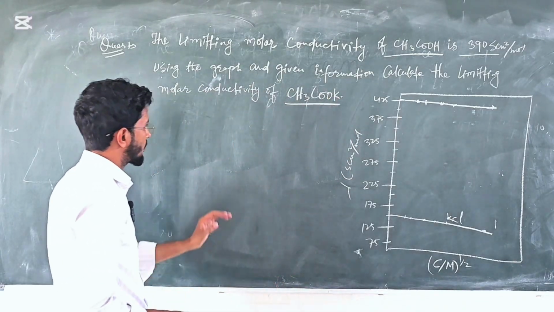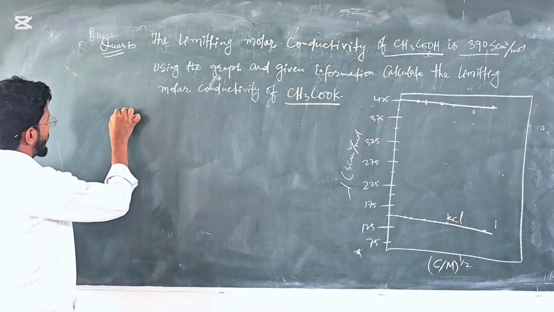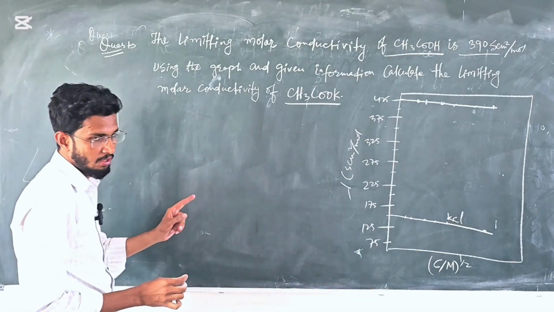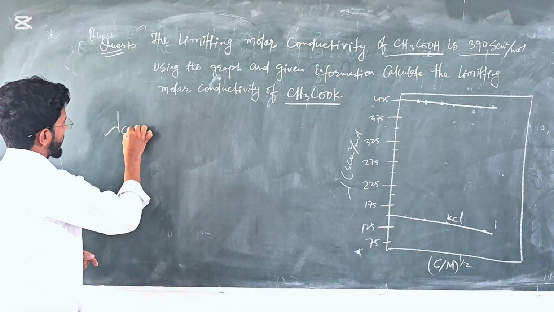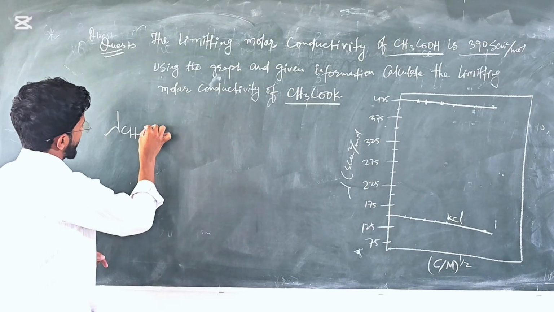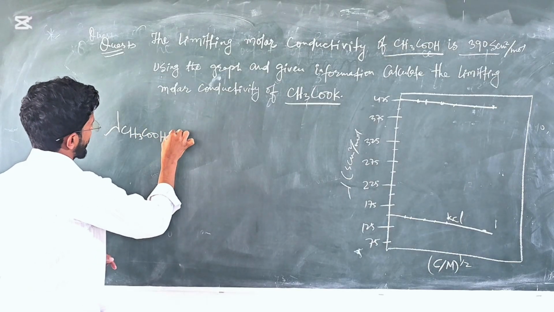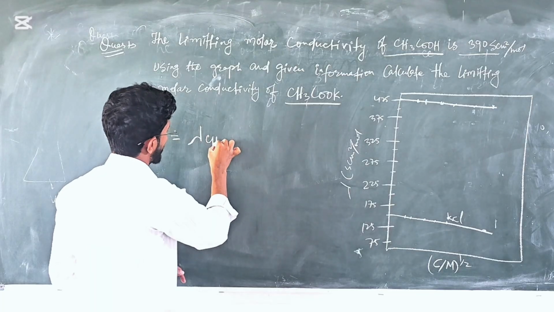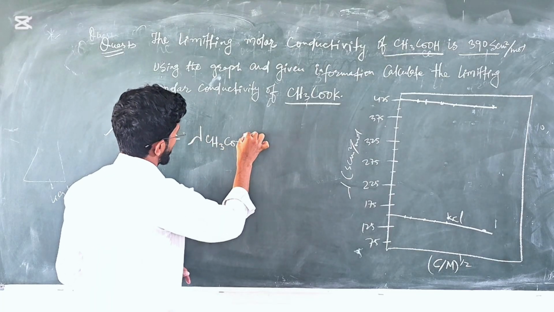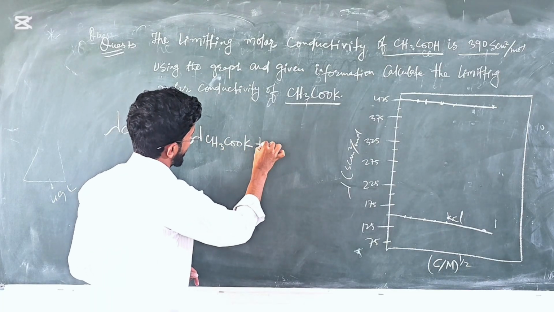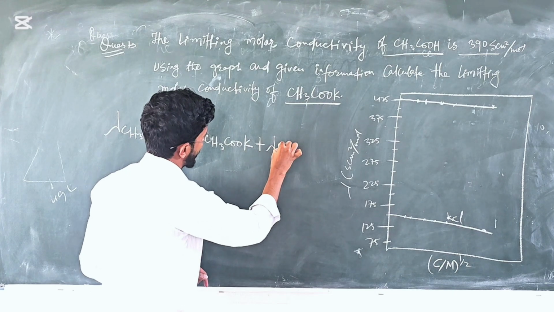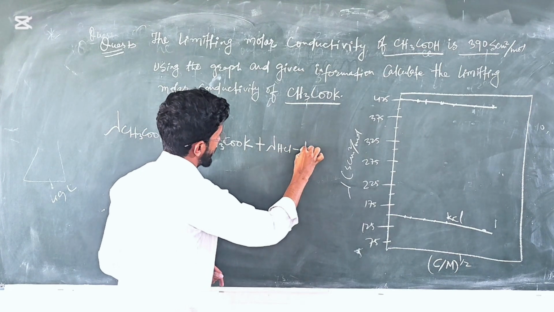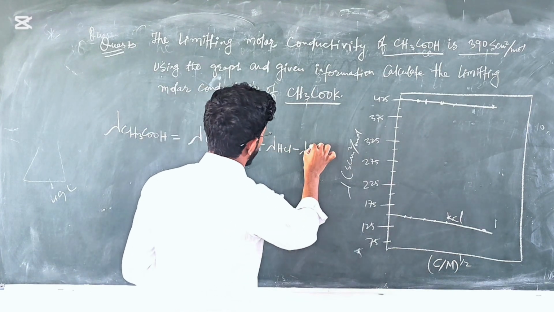Now from Kohlrausch's law, as we know, the molar conductivity of a weak acid or base or weak electrolyte, that is CH3COOH, is equal to the molar conductivity of the salt, CH3COOK, plus the molar conductivity of a strong acid, that is HCl, minus the molar conductivity of KCl.